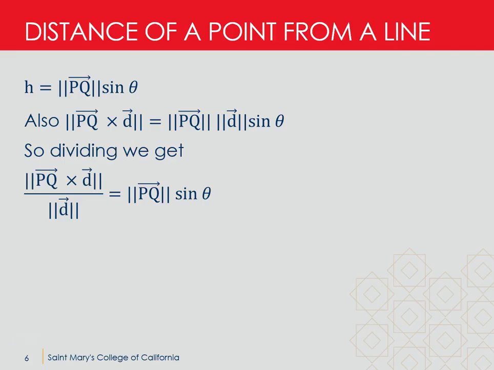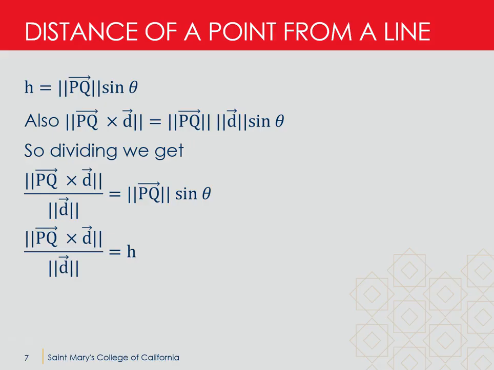All we have to do is divide by the magnitude of D, and we have exactly what we want. So that left-hand side is exactly equal to h, and that is the formula we're going to use. We take the magnitude of PQ cross D, divide by the magnitude of D, all of that together, which of course keep in mind is a number, a scalar. That will give us h, which is the distance we want.